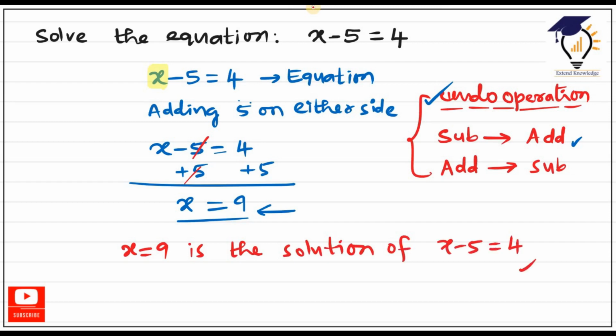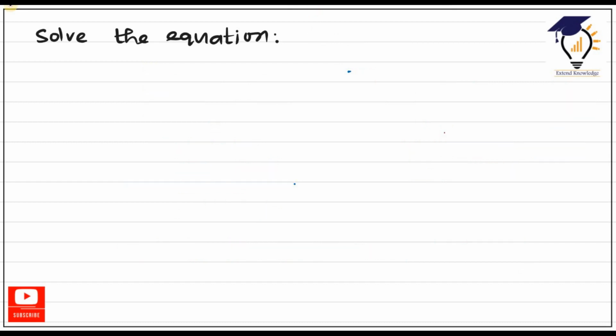Let's see one related to the addition operation. Solve the equation m plus 8 is equal to 7. So let's write the equation. M plus 8 is equal to 7 is the given equation.